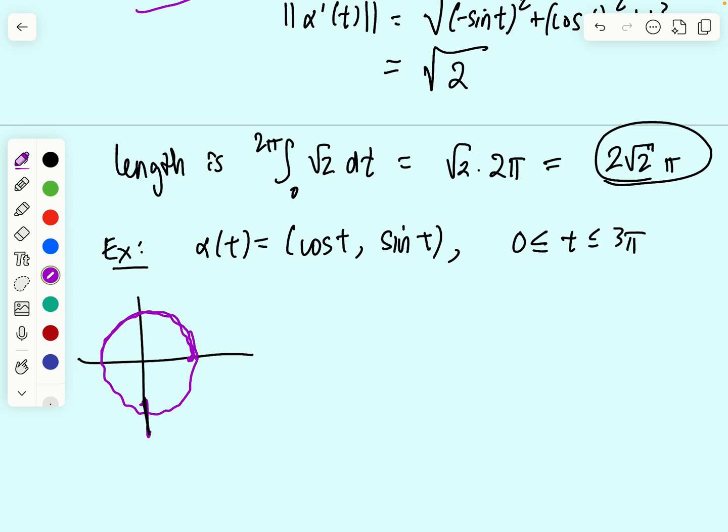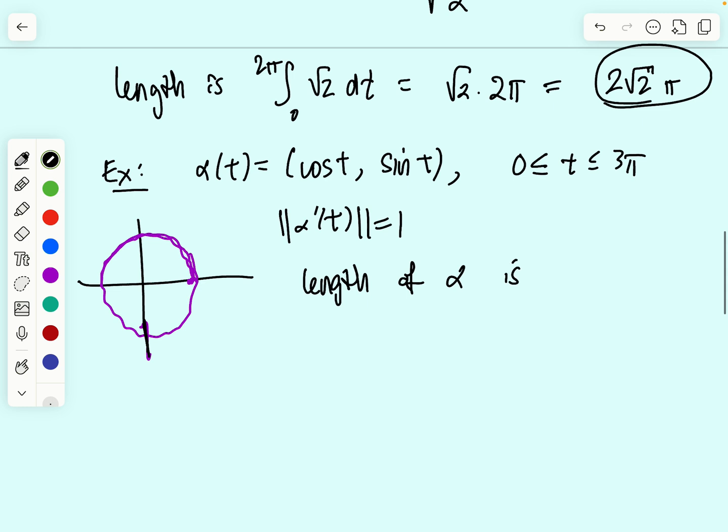You can check that if I find alpha prime and then take the magnitude, I get 1. So the length of the curve parameterized by alpha is the integral from 0 to 3 pi of 1 dt, and that gives me 3 pi.